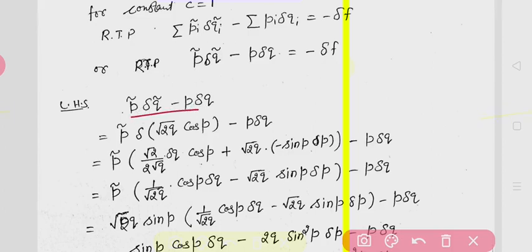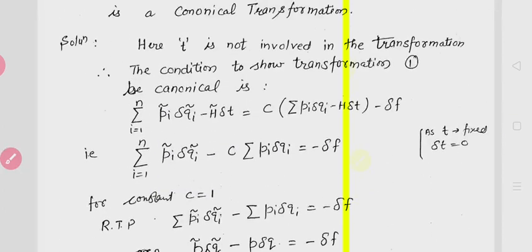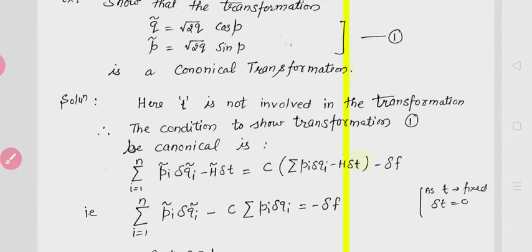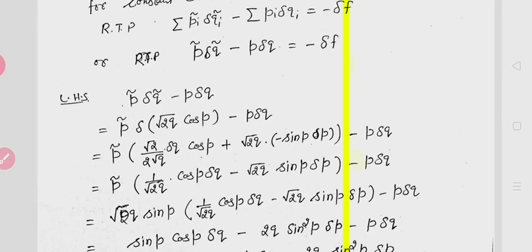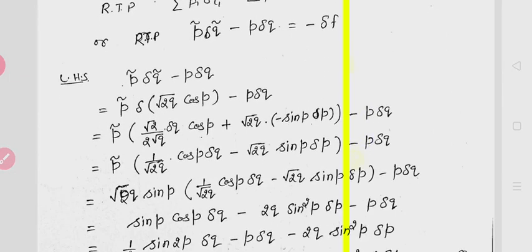So what is the value of q tilde? Firstly I place the value of q tilde. You can check, this is root 2q into cos p. I just place the value, and the remaining is as it is. Now for delta q tilde, the product rule will be applied.